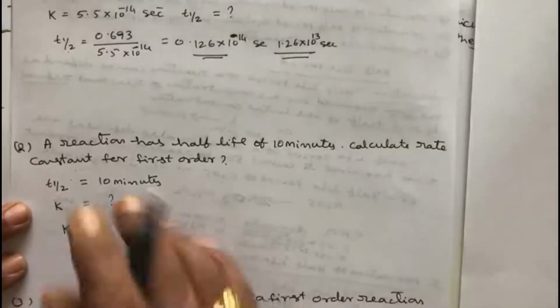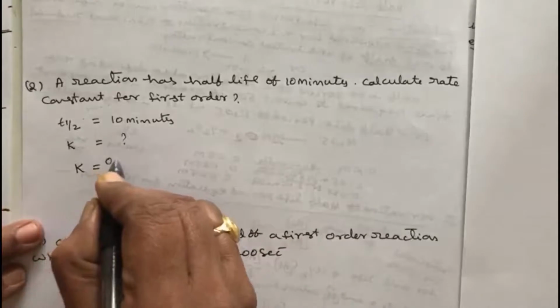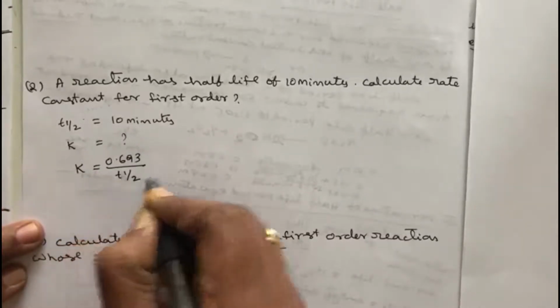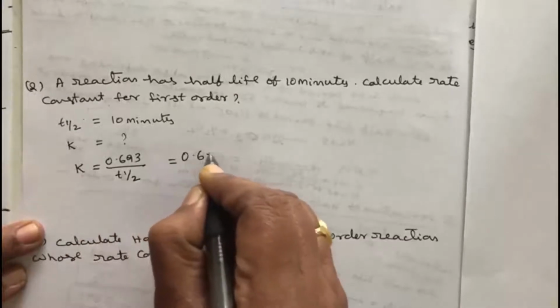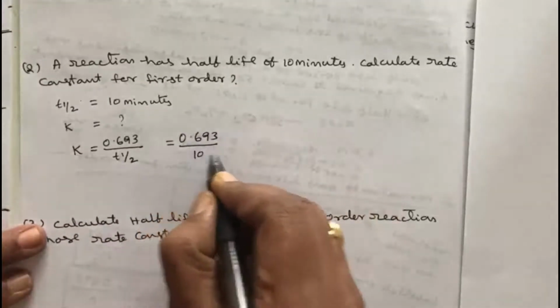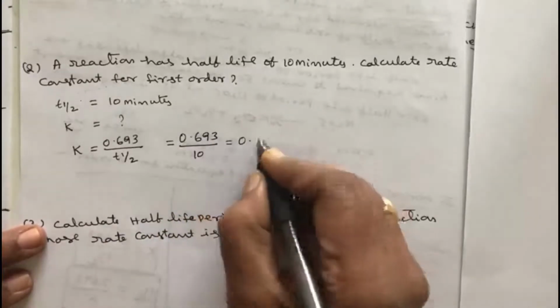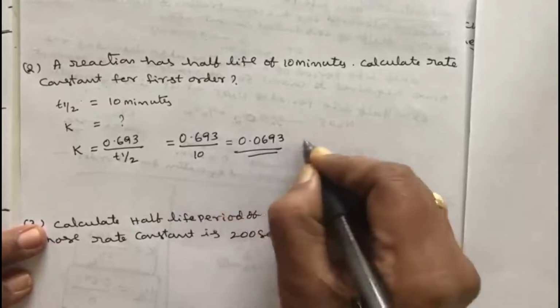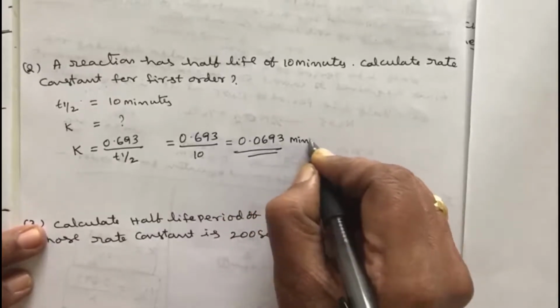So we can write the equation K equal to 0.693 by T half, that is equal to 0.693 by 10 minutes. So the value is 0.0693. Here the unit is minutes inverse.